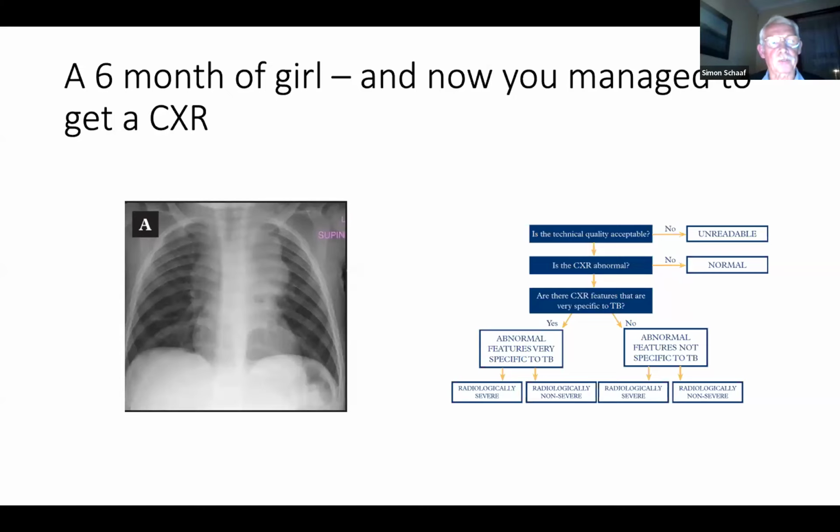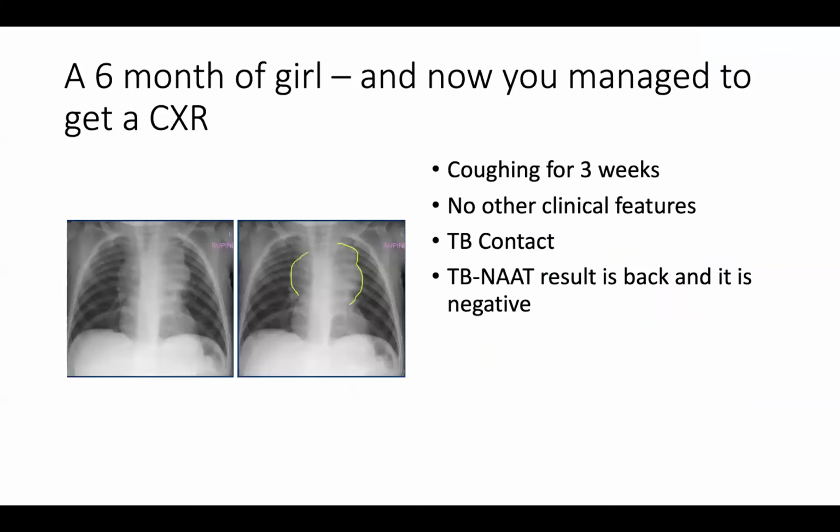With the history of a TB contact in the household, I think it makes it easier, that most likely tuberculosis, but I think one should just remember that if the patient doesn't respond to treatment, you must consider other diagnoses.